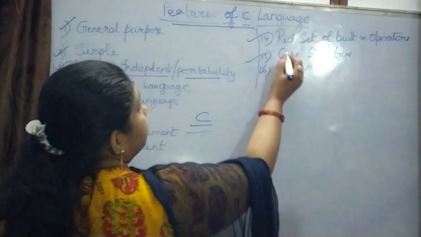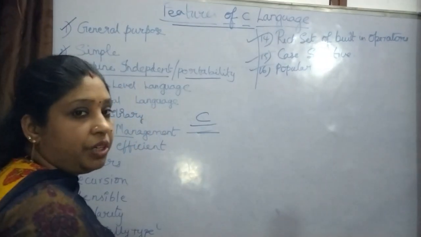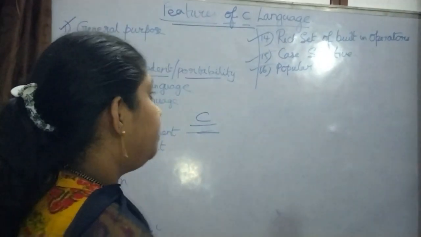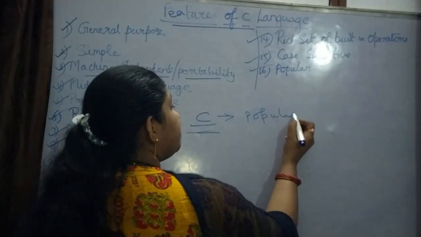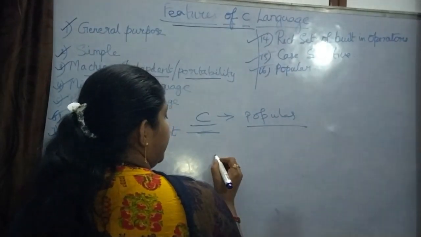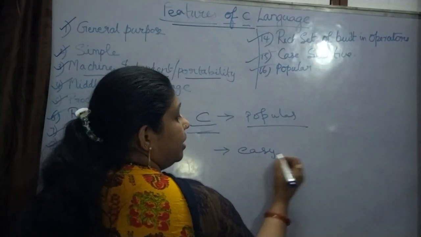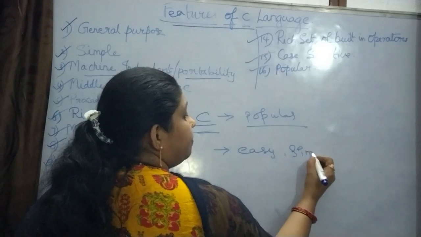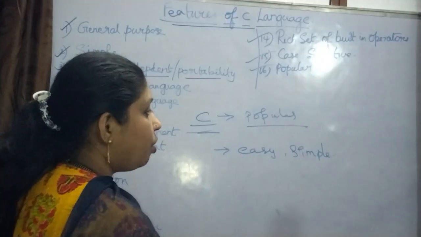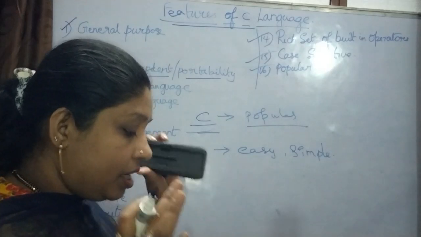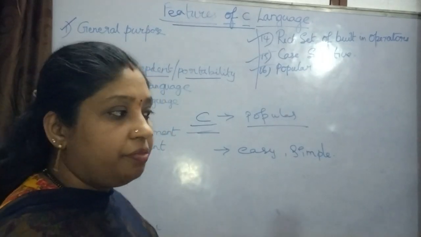Next, popular. Already we have discussed many times in our last classes why C is popular. C is popular because, first of all, it is very easy and simple. Every programmer wants to use an easy programming language. A person will not go for a tough programming language.